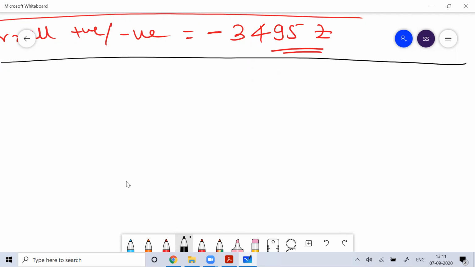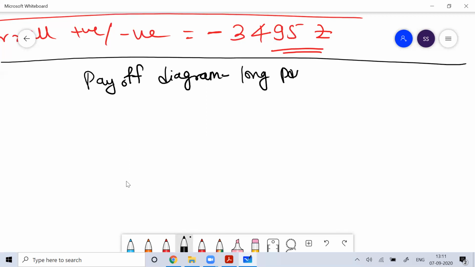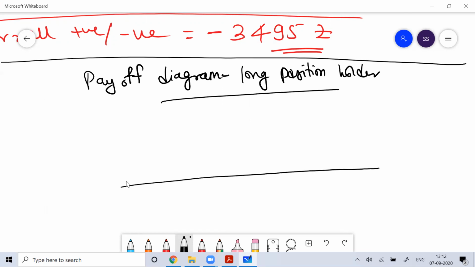Either you talk about a forward contract or a future contract, the payoff diagram of a long position holder is always like this.